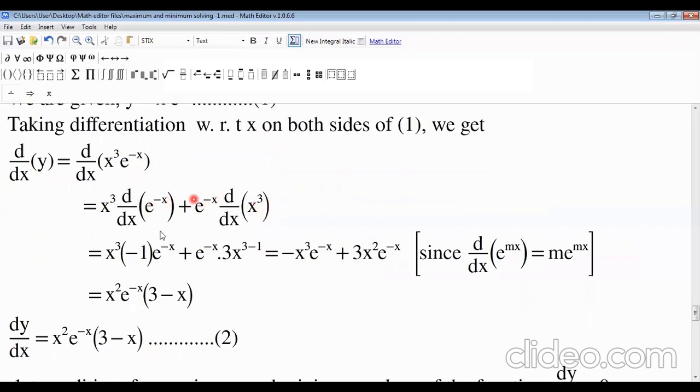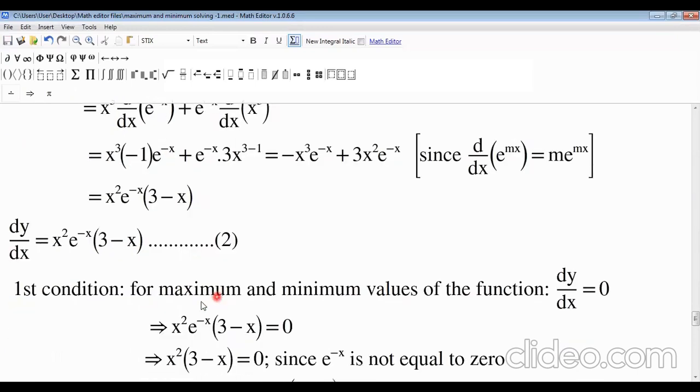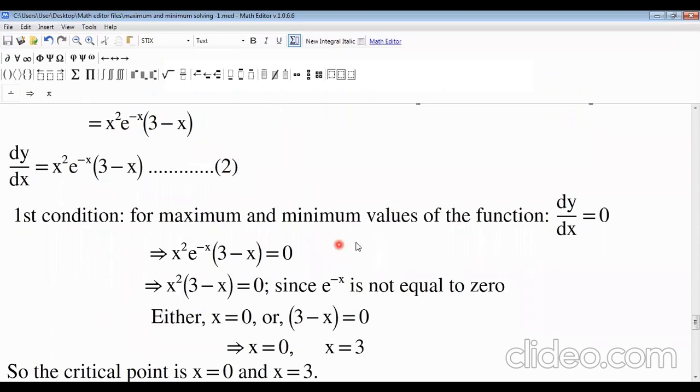For e to the power minus x, the formula is d/dx of e to the power mx equals m into e to the power mx, multiplying with the coefficient of x, which is minus 1 here. So minus 1 into e to the power minus x, and for x cube, the power rule gives 3 into x to the power 3 minus 1. Simplifying, we get this. Now the first derivative is this, equation number 2. Now what is the first condition for maximum or minimum value?